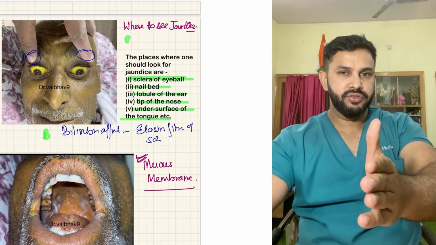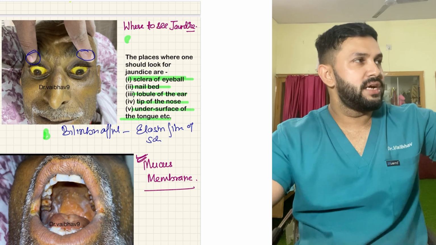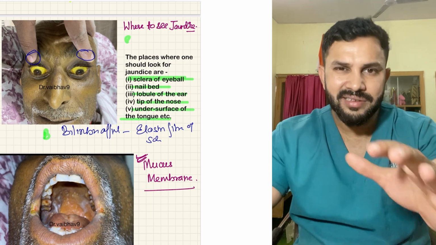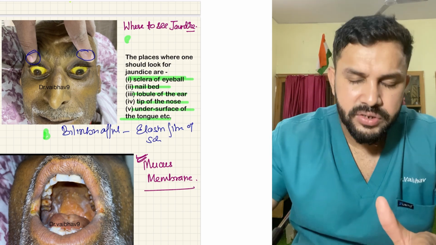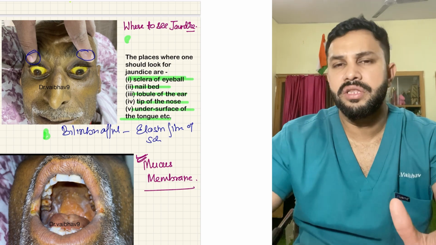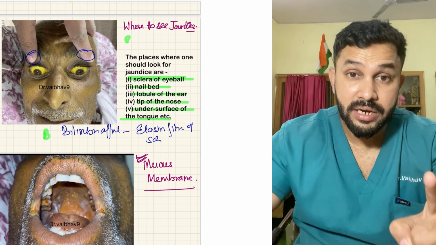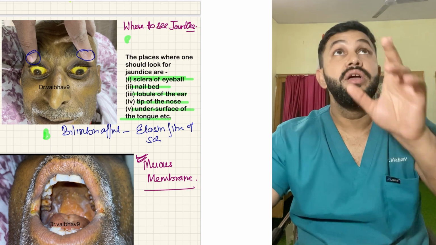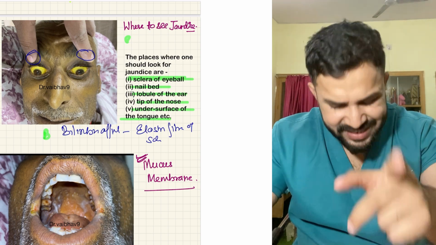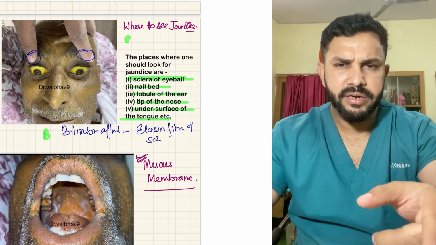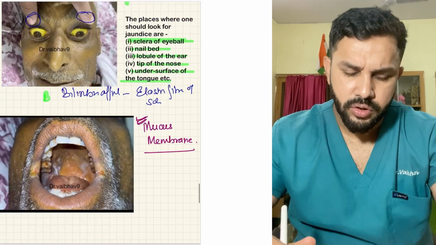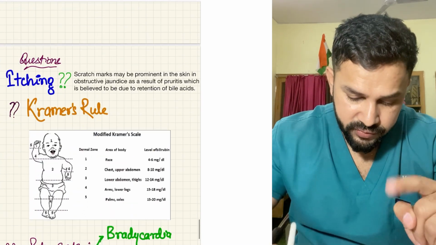Sir, I will take my patient outside and see in the sunlight. It doesn't matter. You will not actually take the patient, and I know he also knows that, but the answer has to be like this: I will take out the patient into sunlight to see for the jaundice, not into the room light. This question is asked multiple times in your viva. This is very important.